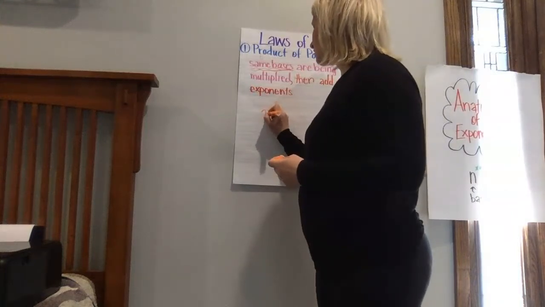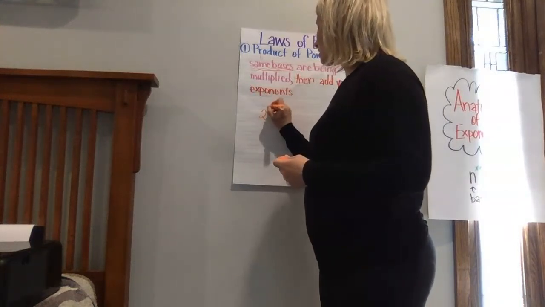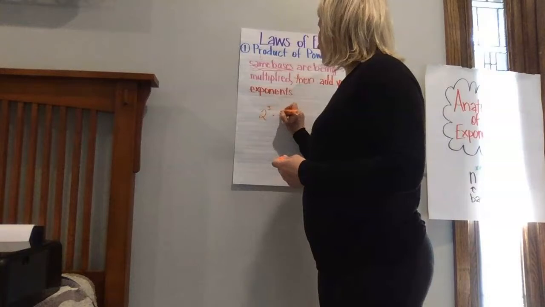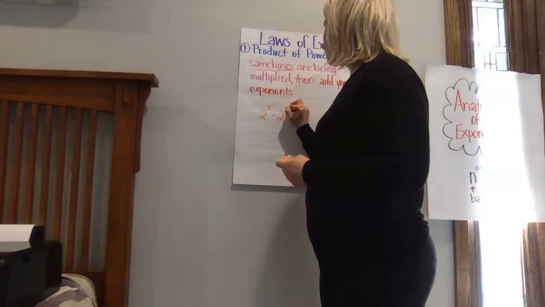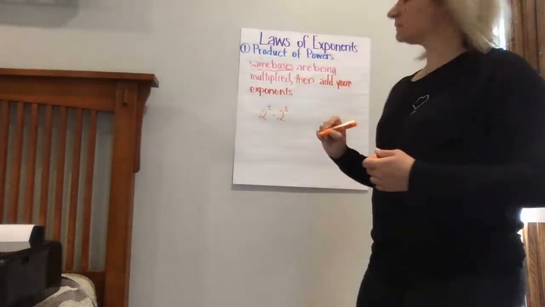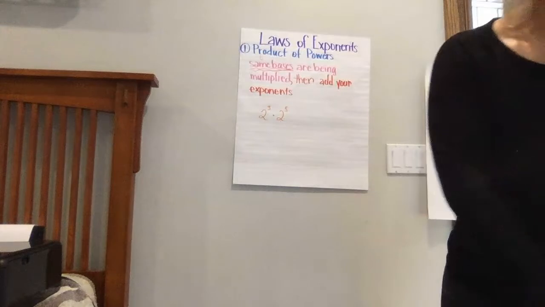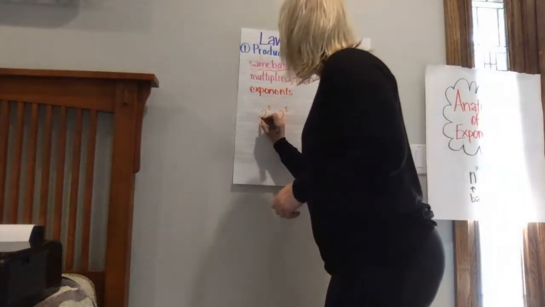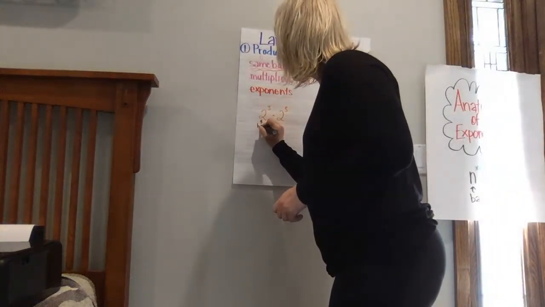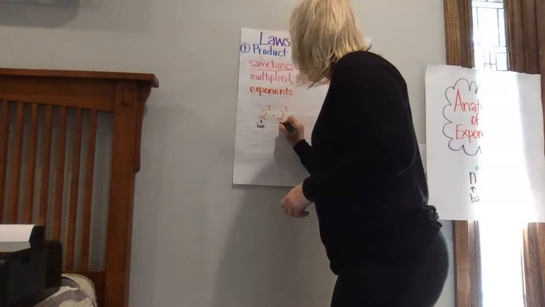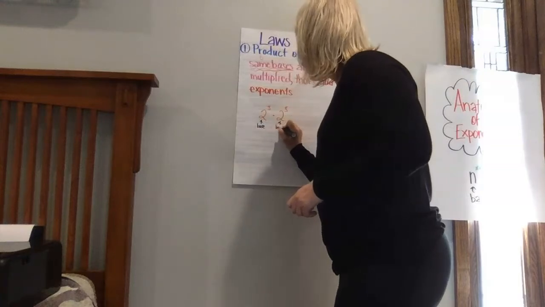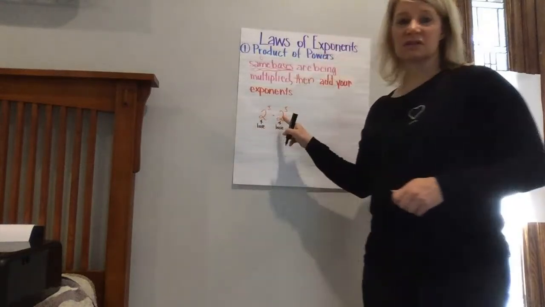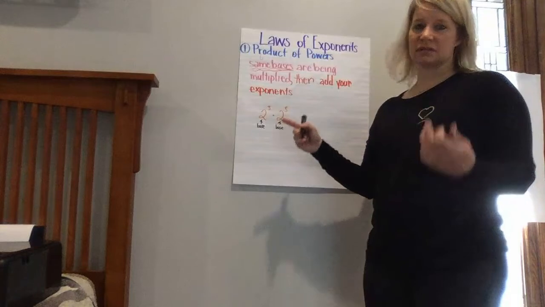So let's say 2 to the 3rd power times 2 to the 5th power. This is my base. This is my base. Base and base are exactly the same. 2 and 2, they're the same number.